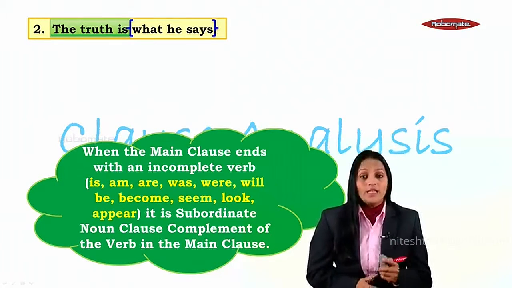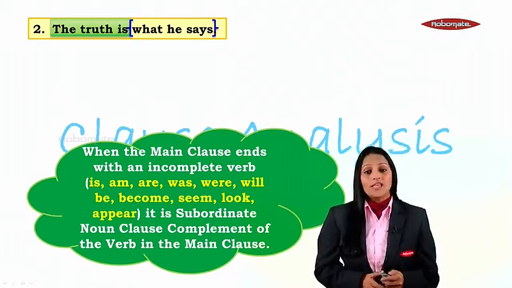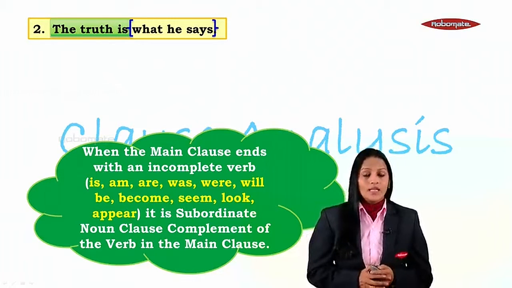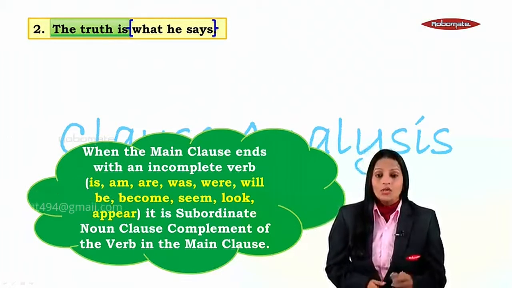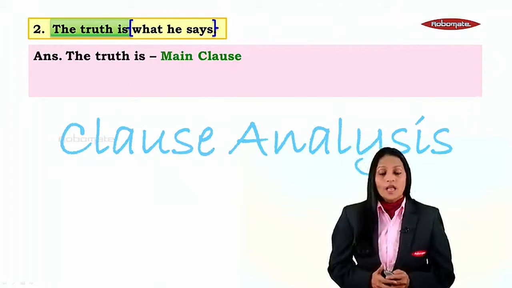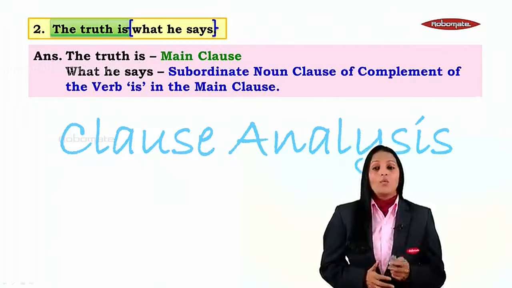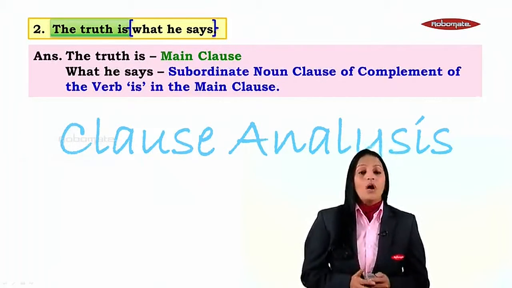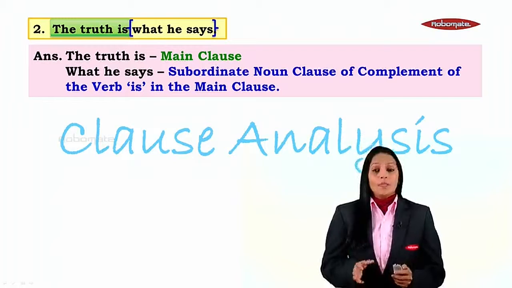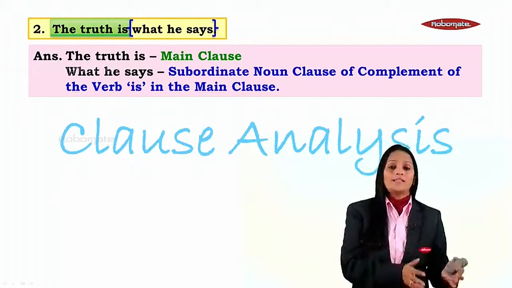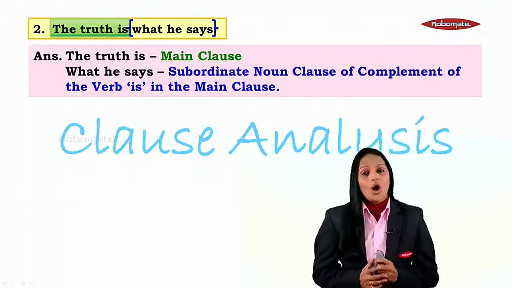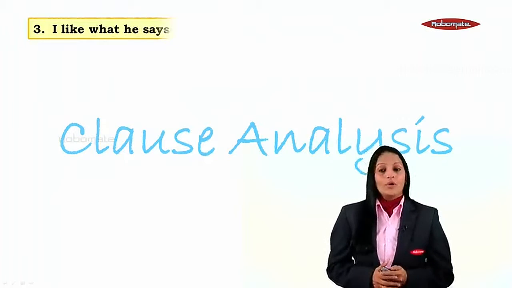All these verbs are incomplete verbs, and if the main clause ends with an incomplete verb, like the main clause ending with is, then it is subordinate noun clause, complement of the verb is in the main clause. So students, here the truth is the main clause, and what he says subordinate noun clause, complement of the verb is in the main clause. Students, very simple. The verb is incomplete. So what he says is completing the meaning of the verb is, therefore it is called complement of the verb.